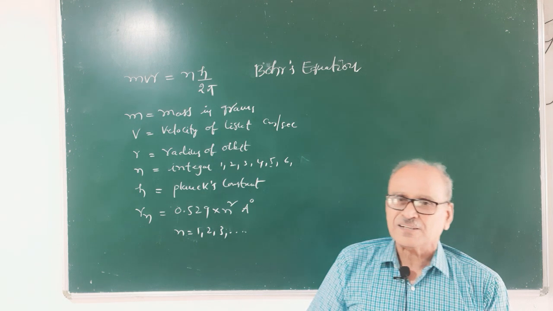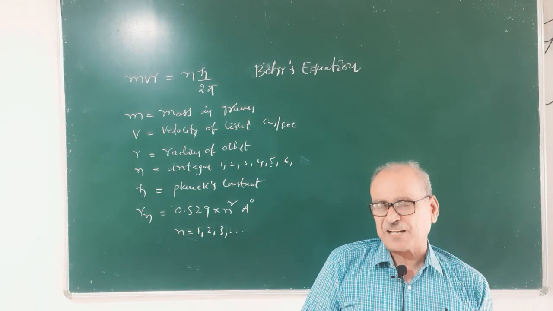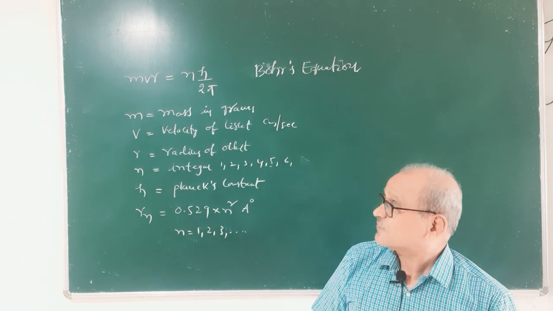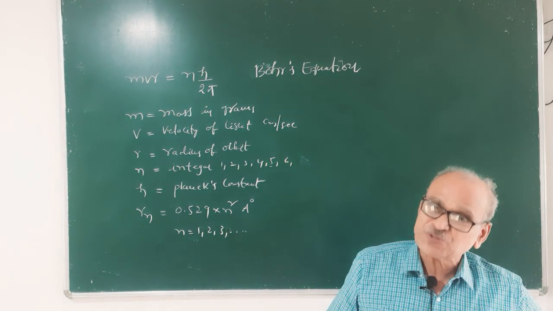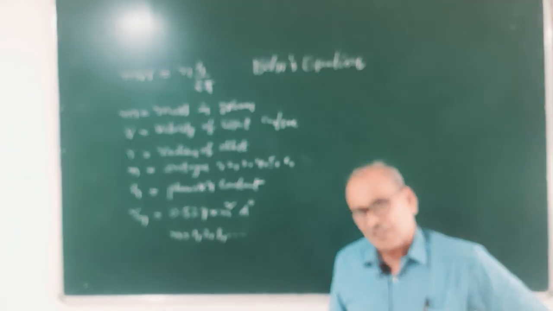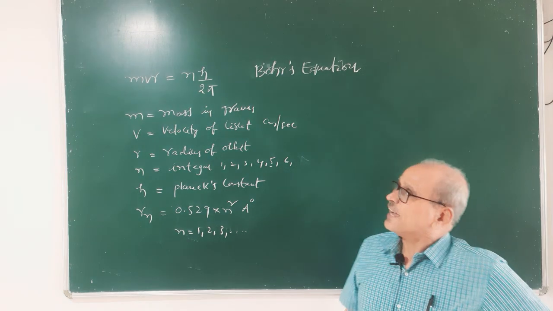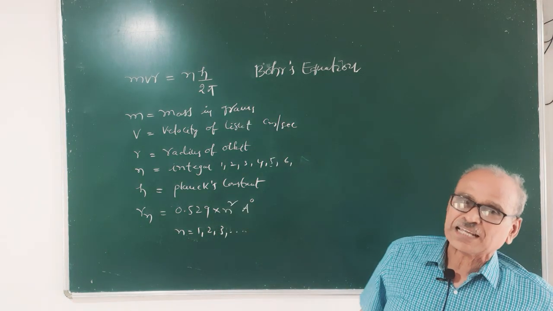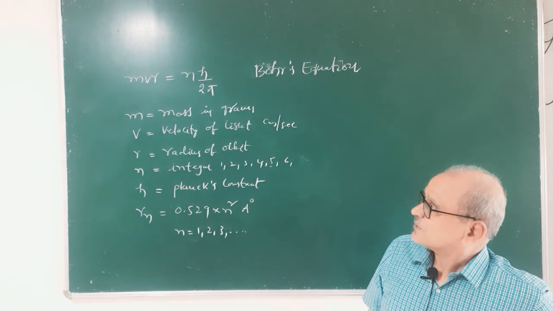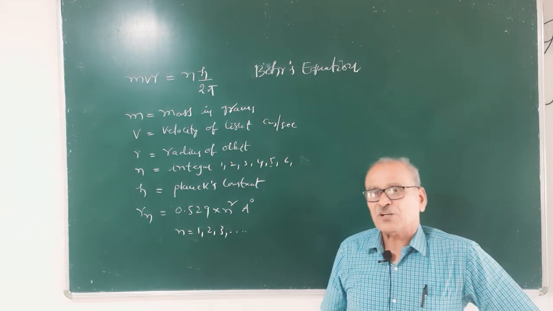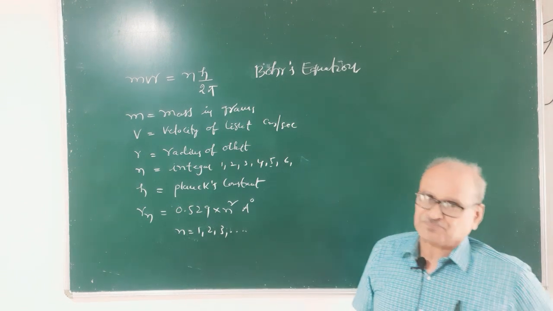In hydrogen, we have 5 series of emission spectra, and to explain these, Niels Bohr proposed quantization of energy levels inside the hydrogen atom, as given by the equation mvr = nh/2π. He proposed circular orbits in the case of the hydrogen atom.